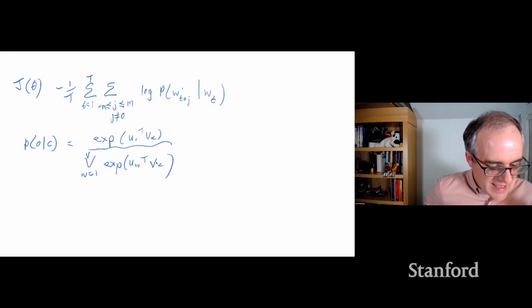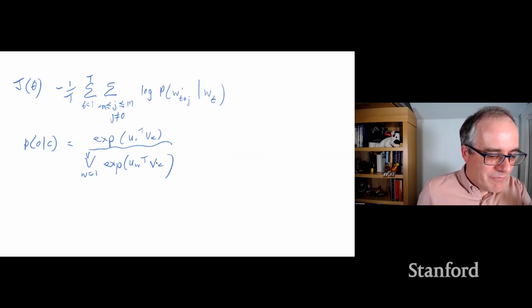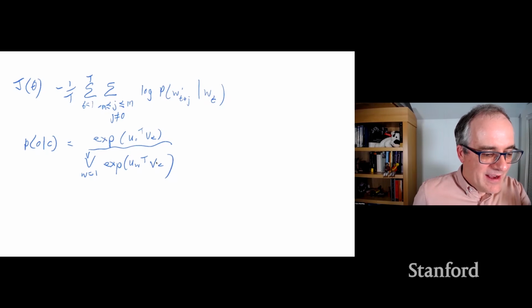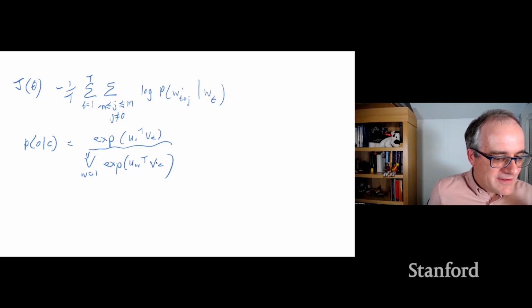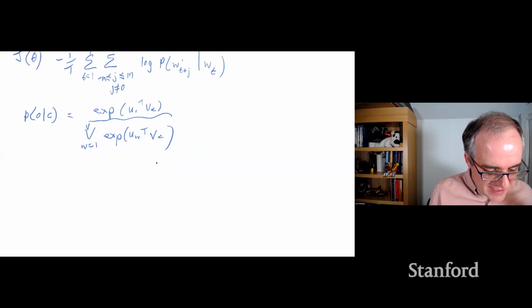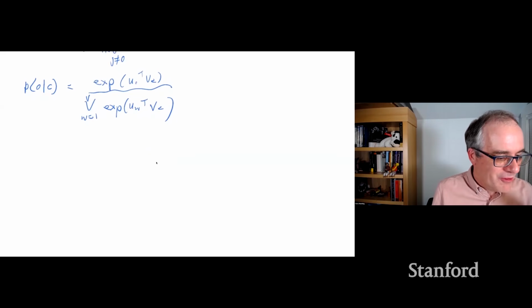Okay, and so now what we want to do is work out the gradient, the direction of downhill for this loss function. And so the way we're doing that is we're working out the partial derivative of this expression with respect to every parameter in the model, and all the parameters in the model are the components, the dimensions of the word vectors of every word.